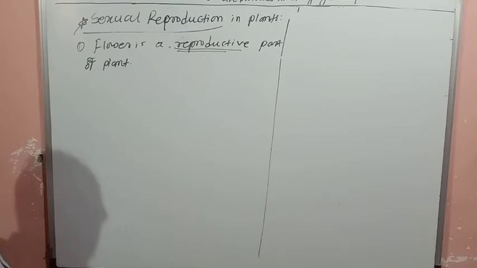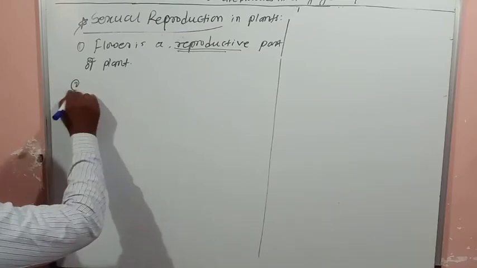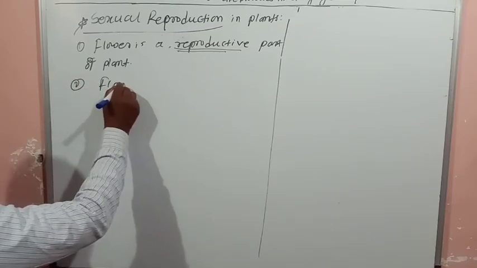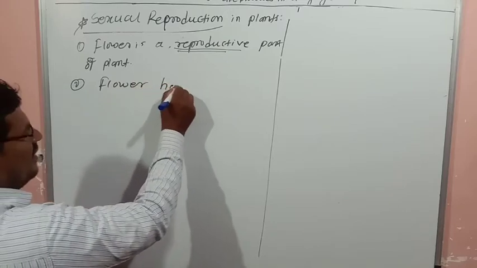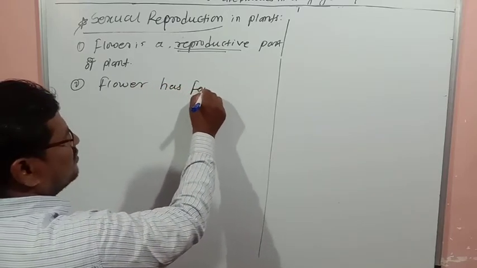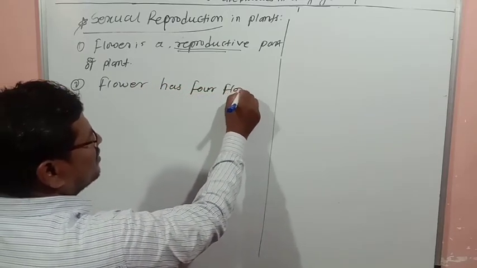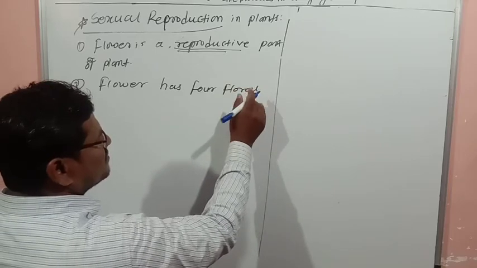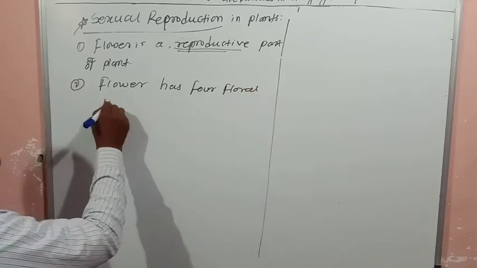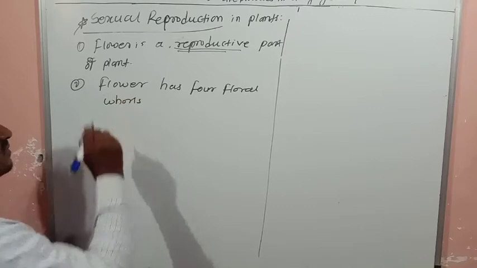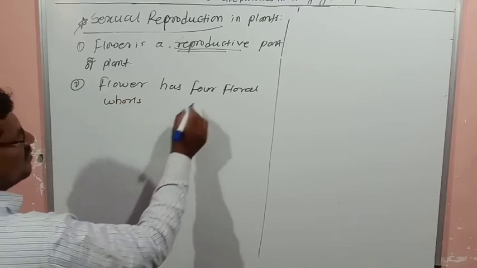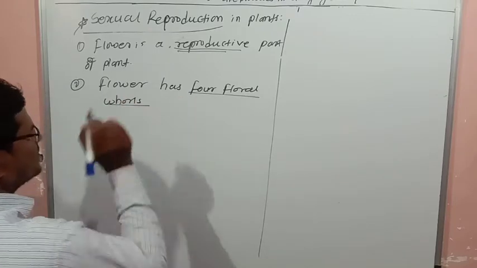The second important point is that a flower has 4 floral whorls. The flower is having 4 floral whorls.